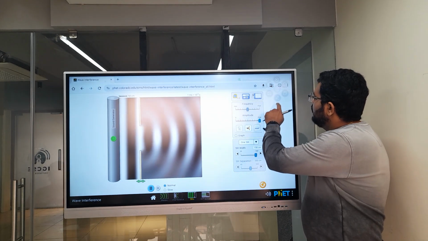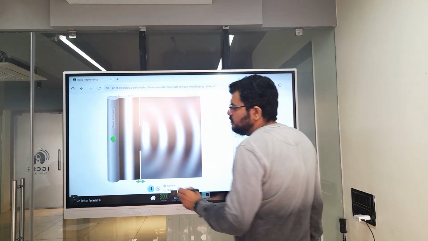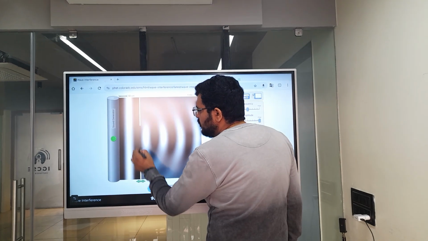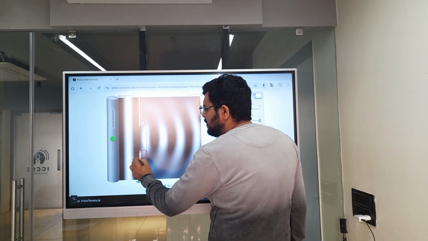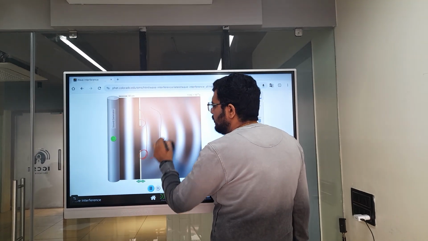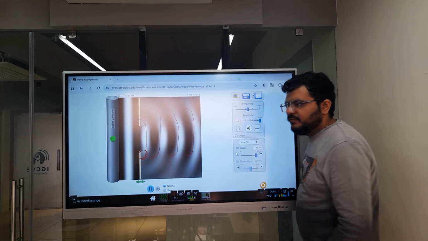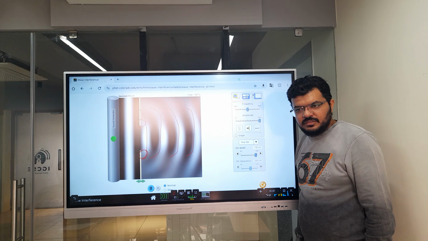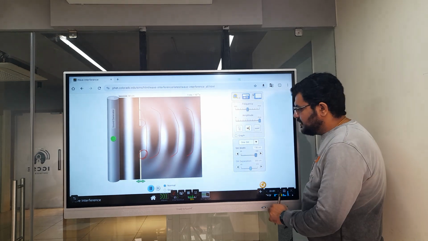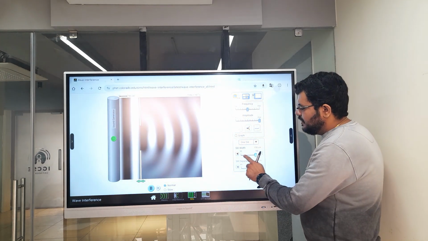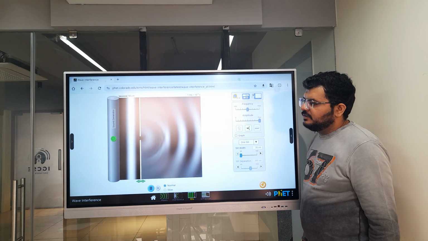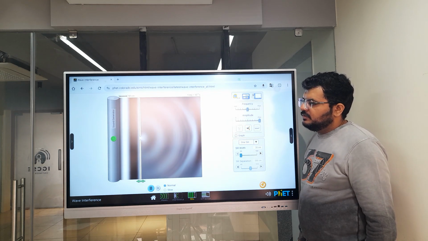Can I say that this is bending only from here and here? Yes. So they are bending from the edges. But if I make the width 20, you can see it spreading across.